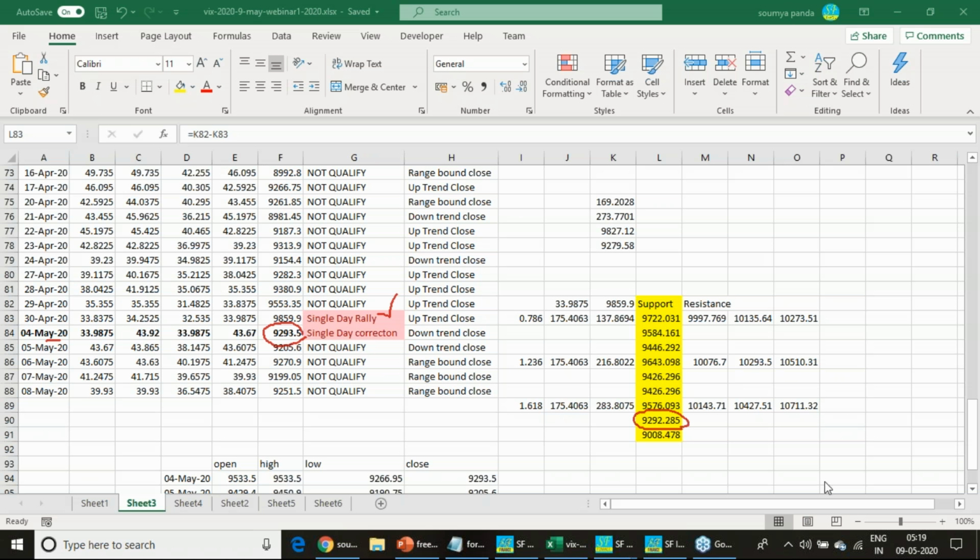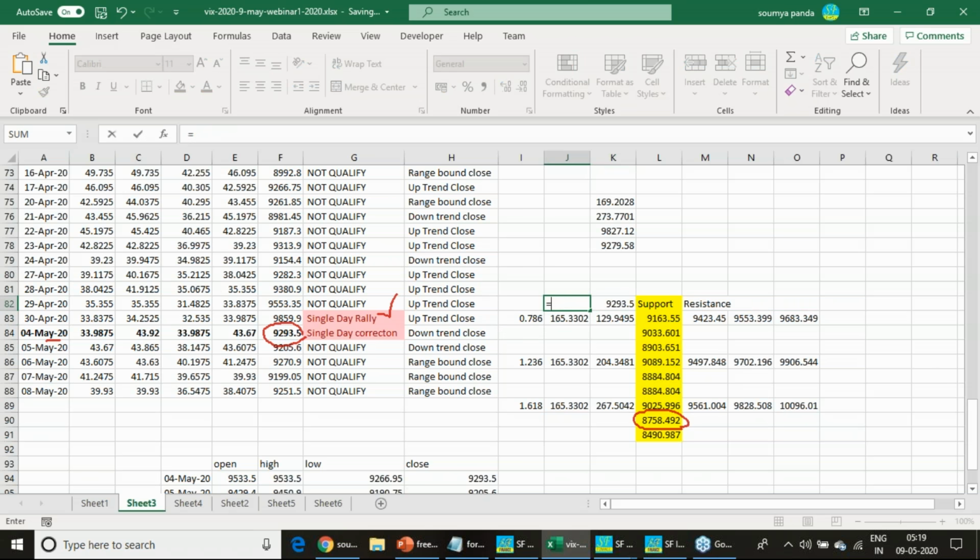The second cycle's last target you have achieved. If I go with the same logic here, since the second day is also a single day correction, I can change these values, and I can also change the VIX for that day.